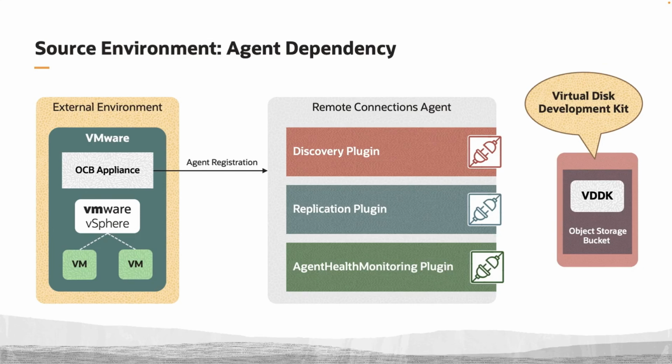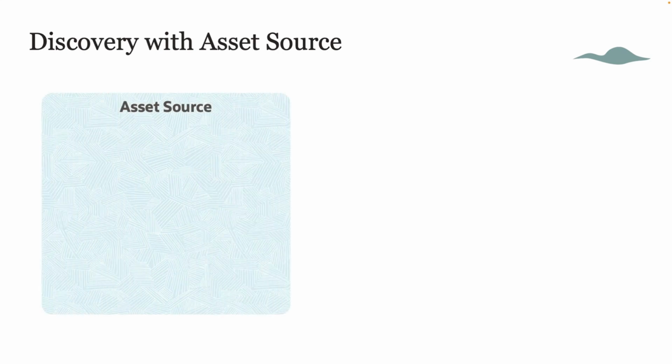VDDK is a single file that contains certain libraries and utilities, and it will help the OCM service internally to access the storage volumes of the source virtual machines that are to be replicated. And for that reason, the VDDK agent dependency is required to be completed for the replication plugin to be in active state.